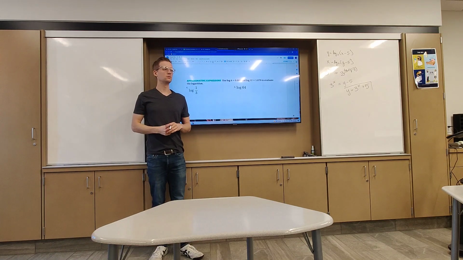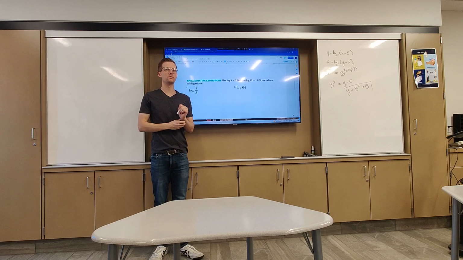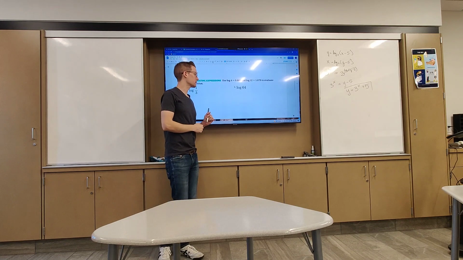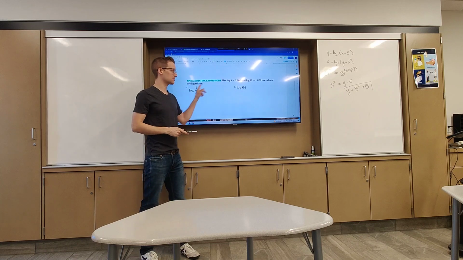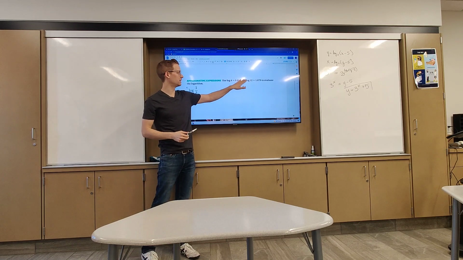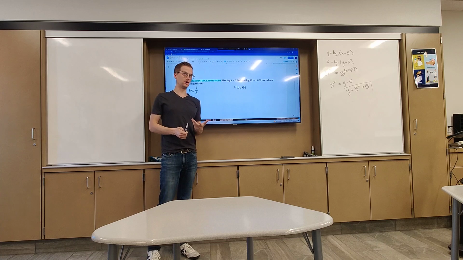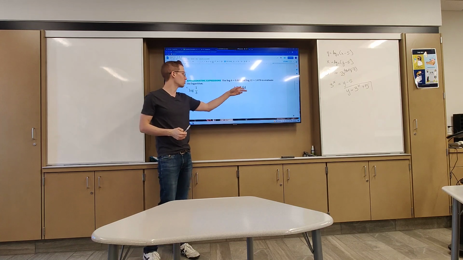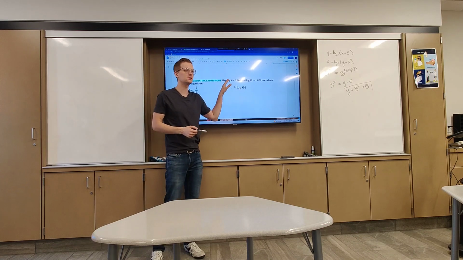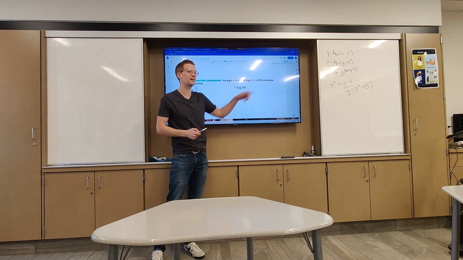Yep. So we covered this in class. It was in one of my slides. And basically what you have to do is rewrite these logs in terms of these logs so you could approximate. So this would be like if you didn't have your calculator and you knew these logs. So you write these logs in terms of this, and then you just approximate using these values.